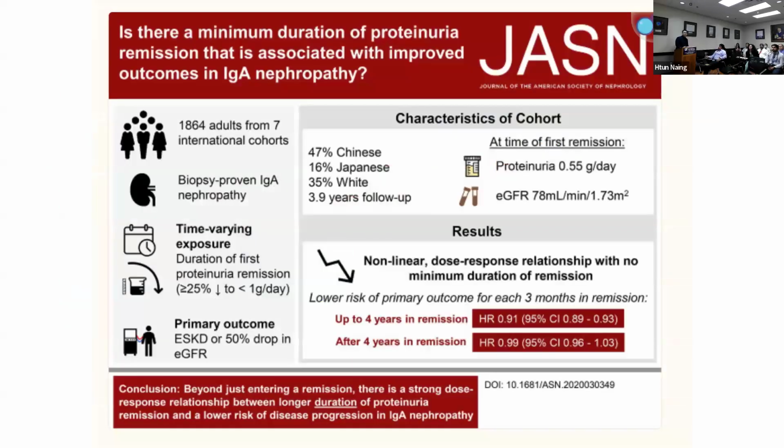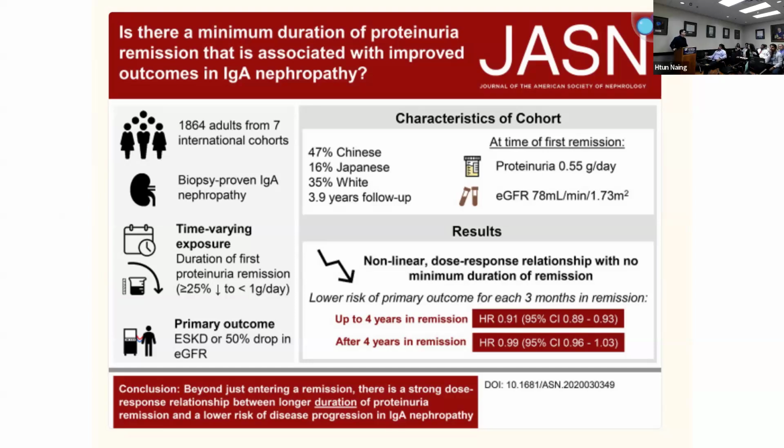And then they did another analysis on how long you want to keep the proteinuria under control and what the effect is. They reviewed 7 international cohorts in a meta-analysis, using the time-varying exposure of proteinuria reduction of 25% or more from baseline, or less than 1 gram per day.